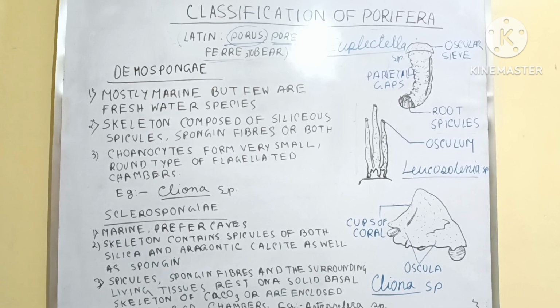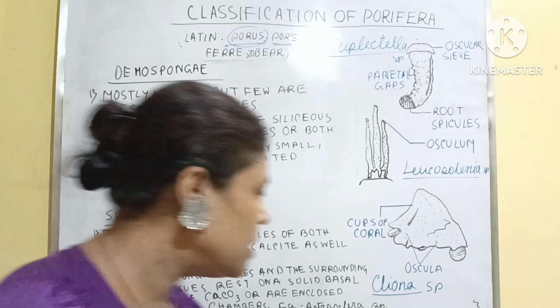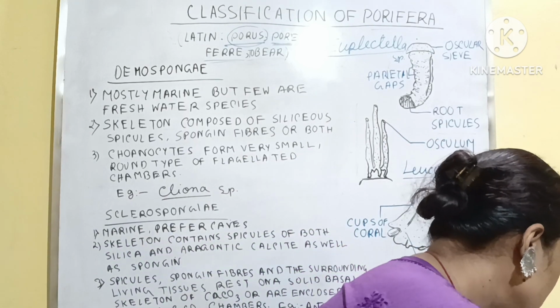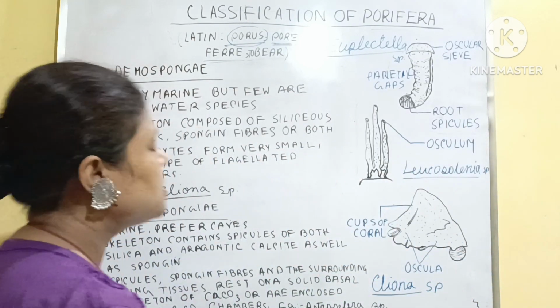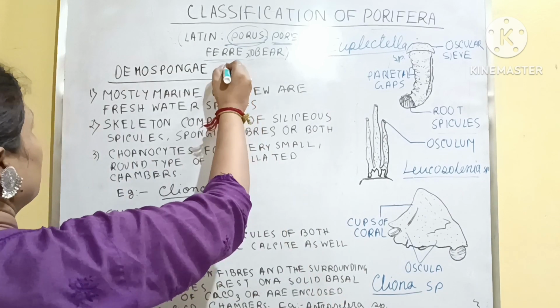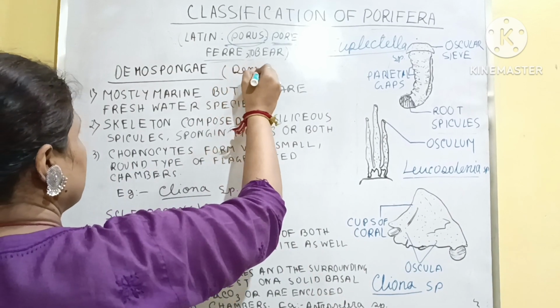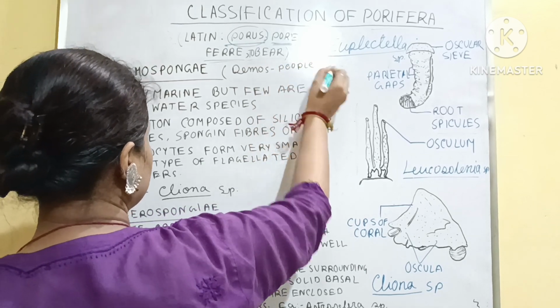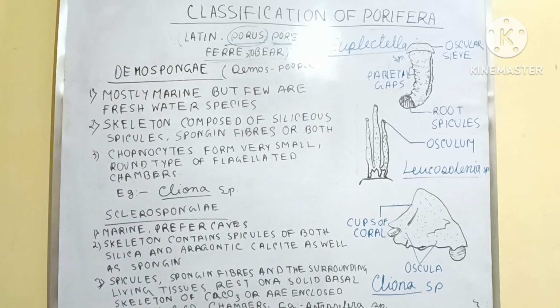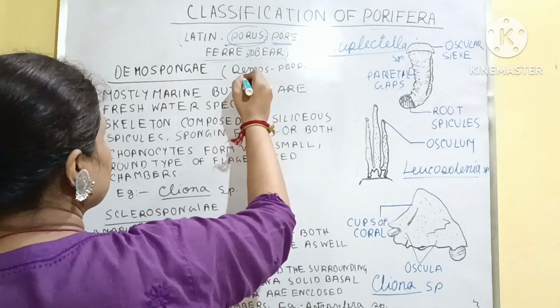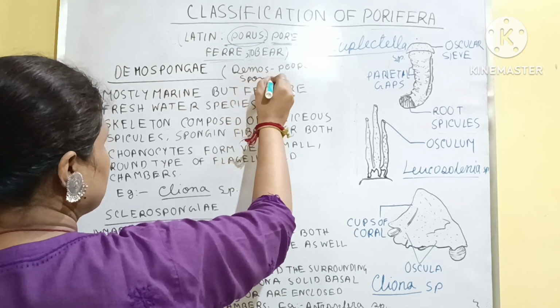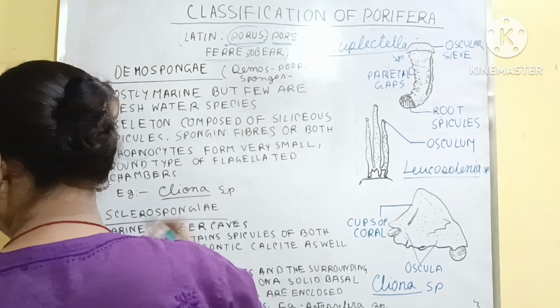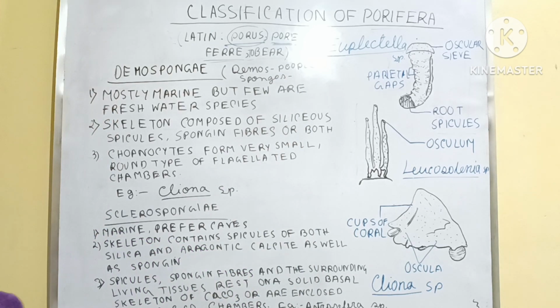Okay, next class is the Demospongiae. Demospongiae means, demos means people, and spongios means spongy.